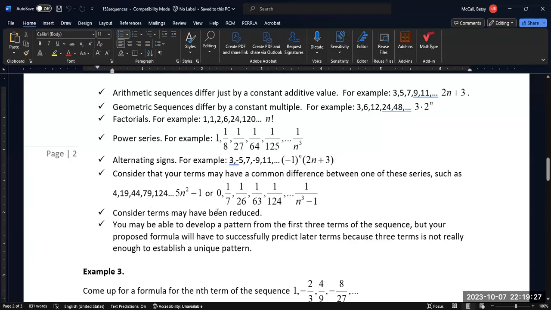Another thing to think about is whether or not your formula follows a pattern, but nonetheless is 1 off or 2 off from that pattern. So if you have a sequence like 0, 7, 27, 63, notice these are all 1 off of the cubes.